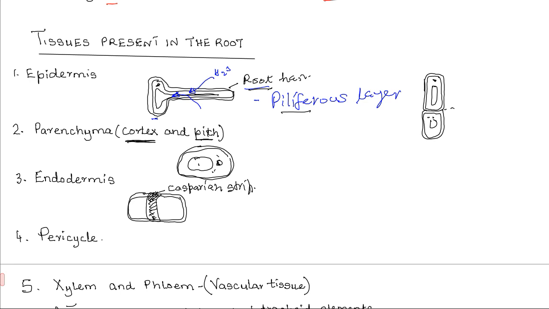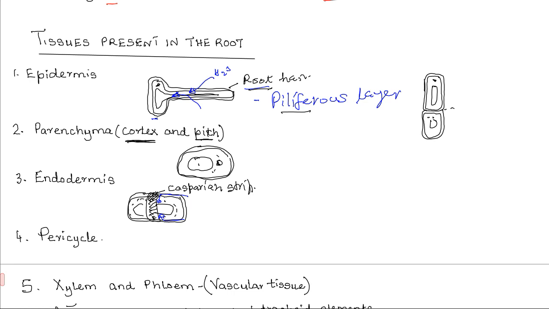It also ensures that the water coming into the vascular tissue passes through the cytoplasm, because being impervious to water, it deflects the water into the cytoplasm, and within the cytoplasm, any harmful materials like pathogens or excess minerals can be screened out.